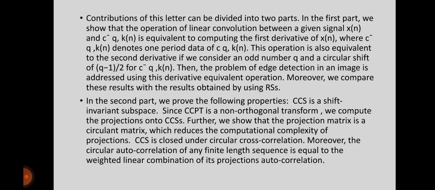In the second part, we prove the following properties: complex conjugate subspaces form a shift invariant subspace, and since the complex conjugate pair transform is a non-orthogonal transform, we compute the projections onto complex conjugate subspaces. Further, we show that the projection matrix is a circulant matrix, which reduces the computational complexity of projections.